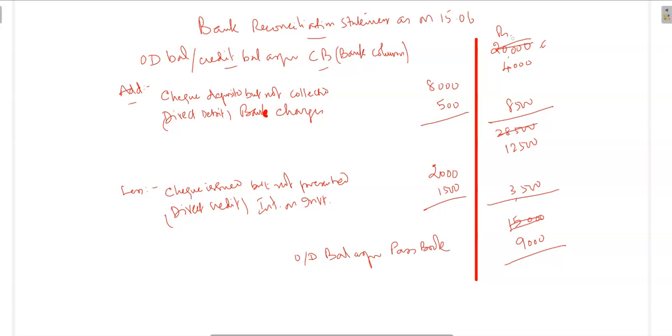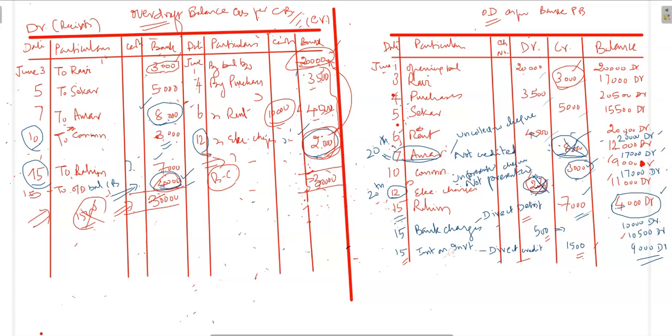Are you able to understand the error that happened here? OD balance. So the balances are to be reconciled. Here you are getting a balance of rupees 4,000 as your closing balance on 15th as per cash book, whereas closing balance as per passbook is rupees 9,000 on 15th.